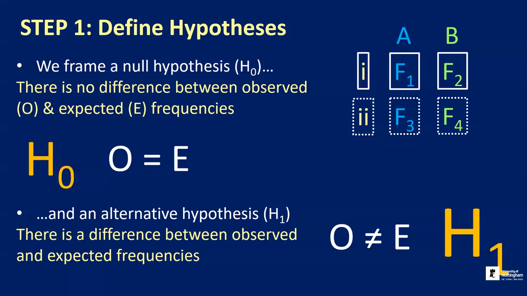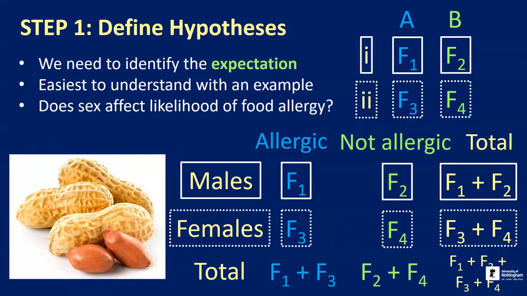So the what we would expect if nothing interesting was going on, essentially. So the null hypothesis is that the observed data will be the same as the expected data on average, while the alternative hypothesis says that there'll be some kind of difference between what we've observed and what we would expect if nothing interesting was happening.